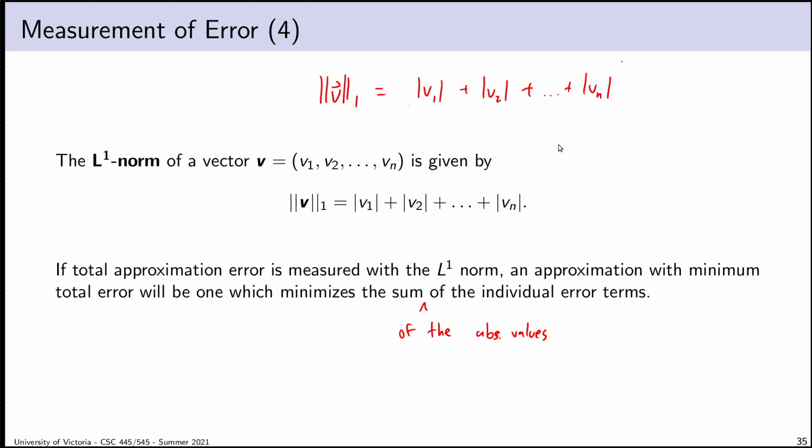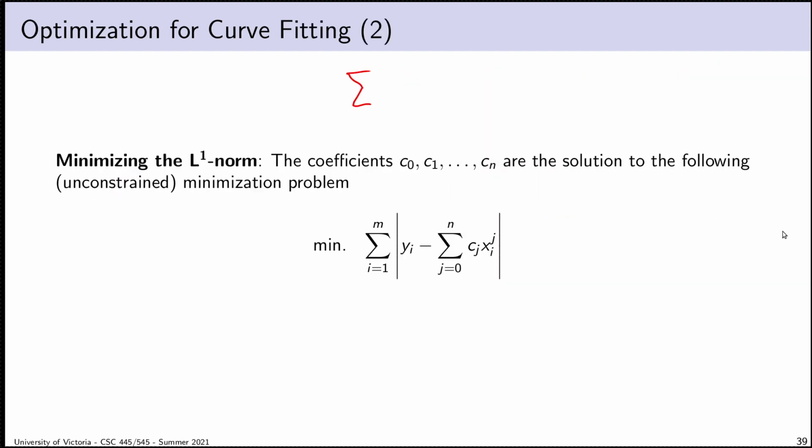In other words, if I'm looking at my error vector E, which is equal to epsilon 1, epsilon 2, and so on, the L1 norm of E would be the absolute value of epsilon 1 plus the absolute value of epsilon 2, and so on. The L1 norm of my vector E would just be the sum of the absolute values of each of my epsilons. Now, how does that tie into this?